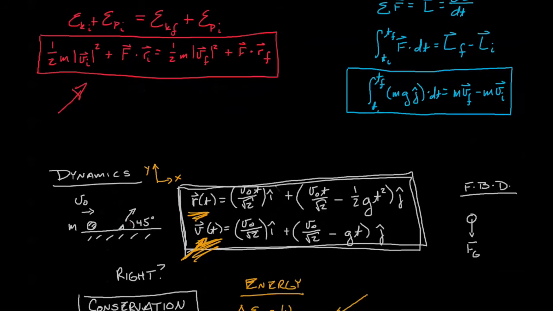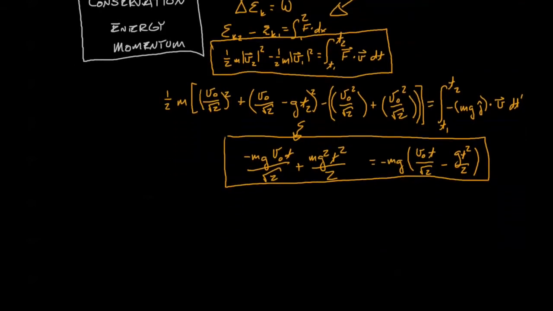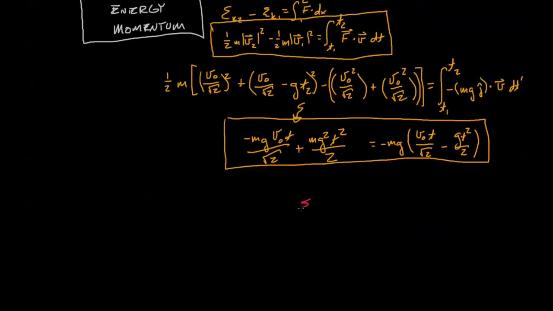Finally, let's do conservation of angular momentum. The sum of the moments about any point, we'll say point P, should equal the change in angular momentum about point P. Once again, we say this is the derivative of the angular momentum with respect to time.